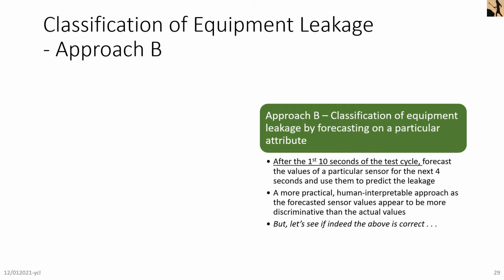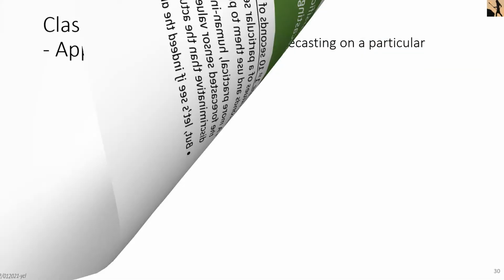That is to determine whether the engine is leaking or not, right? And then basically it will be quicker, and hopefully, if this works, it sounds more practical, intuitive and human interpretable, so that it will be accepted by the flow operation, okay? But let's see if indeed this is the case.